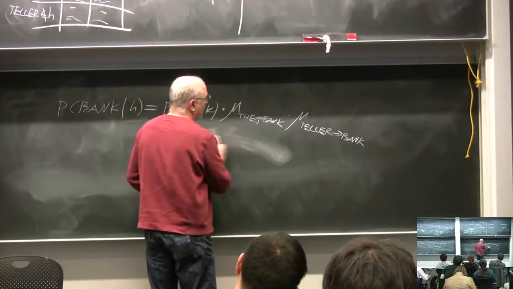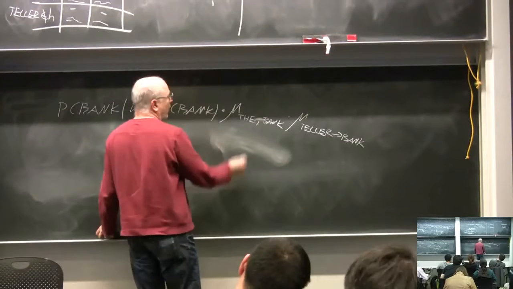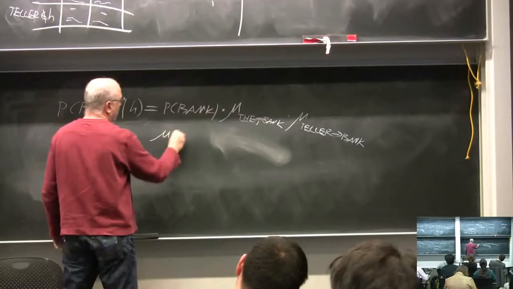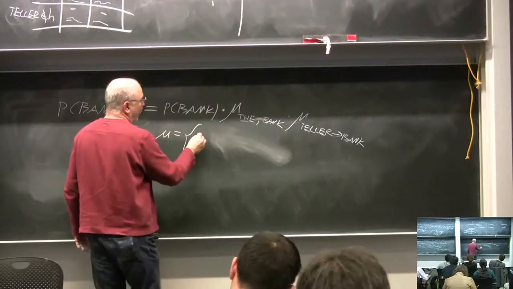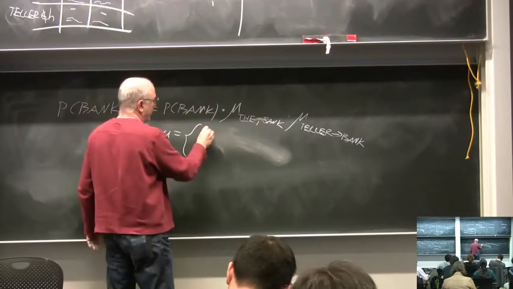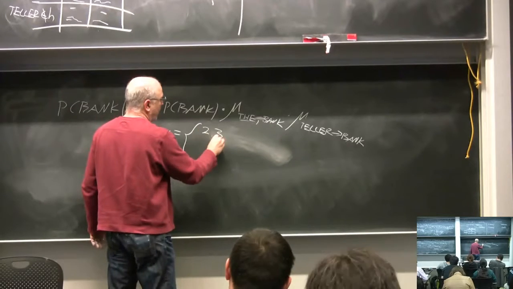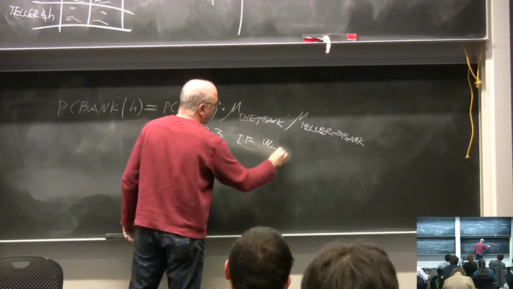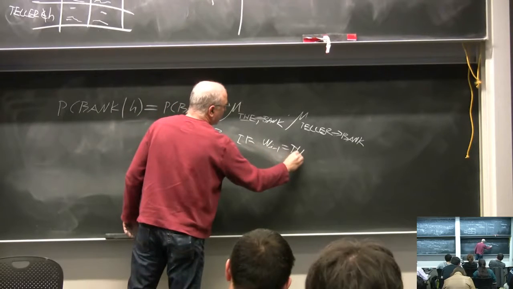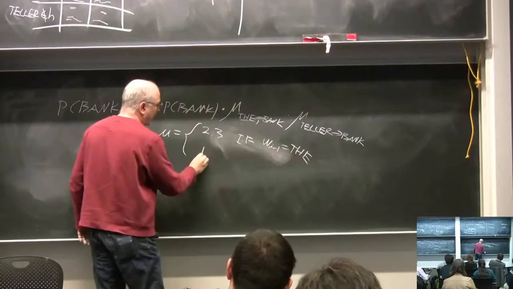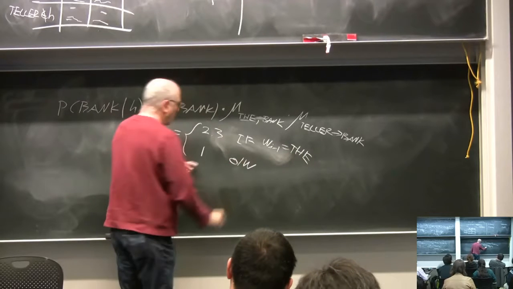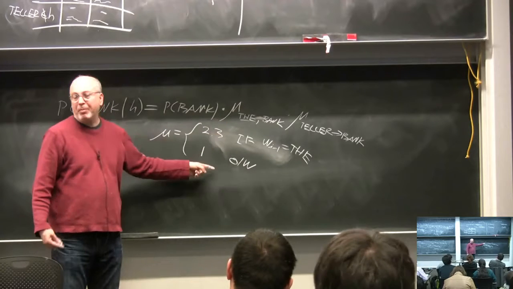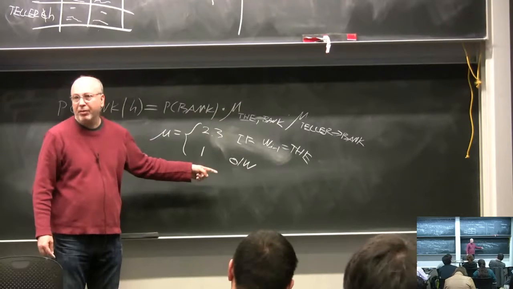And I can say that these kick in only when the appropriate condition holds. So mu is some value, let's say 2.3, if the last word of history, w_{i-1}, was indeed "the", and it's 1 otherwise. 1 is the no-op, because it's a product, and multiplying by 1 is like not multiplying by anything.